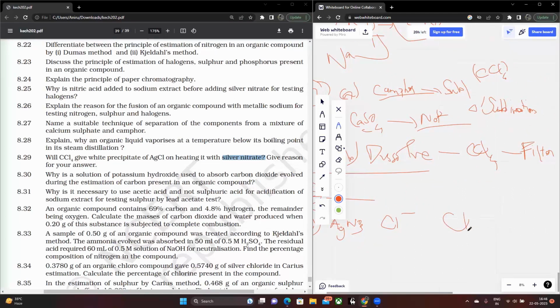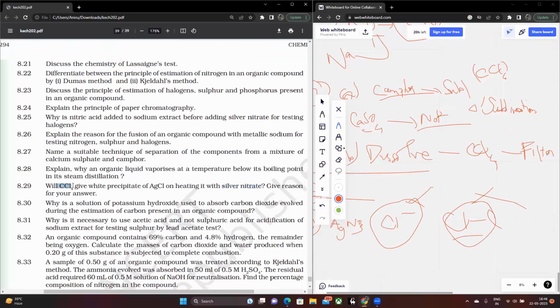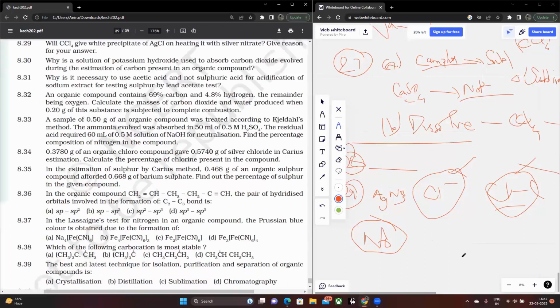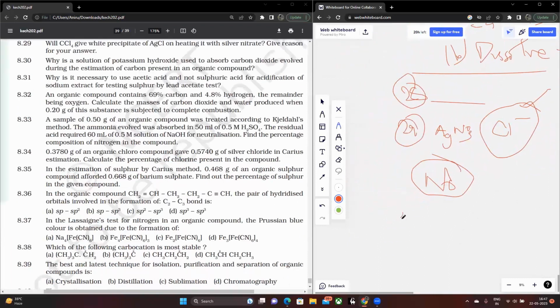It does not work with covalent chlorine. Therefore, since CCl4 is completely covalent, it does not give a white precipitate of AgCl on heating with silver nitrate. The answer is no, because you cannot ionize CCl4. It can't give CCl3+ and Cl-. That's not possible, right?